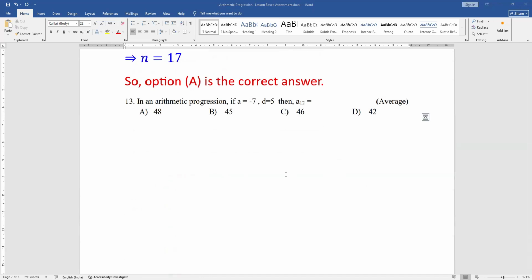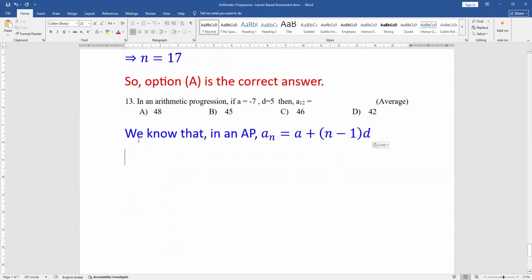Okay, so what should we do? First we write the formula. We know that an equals a plus n minus 1 into d. I'm noting the same formula, just to show you how we substitute here. They're asking for a12, so replace n with 12 first. Next, a is given as -7, so I put -7. And d is given as 5, right, 5.